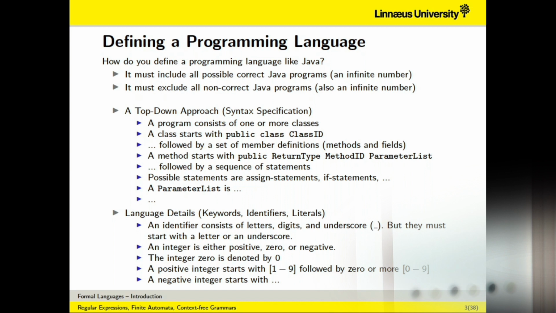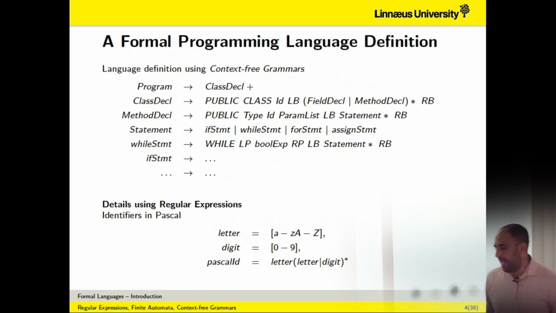So for all these approaches, you need to define these things, okay? And often when we talk about language specification or language definition, we come up with some kind of rules, and in terms of language terminology, we call them a grammar.